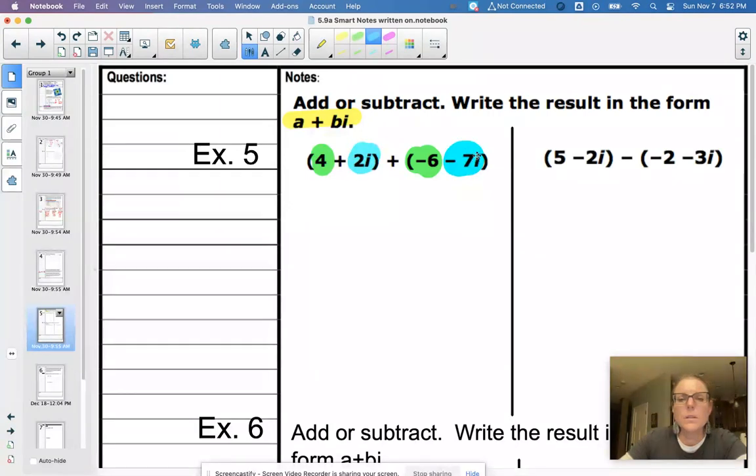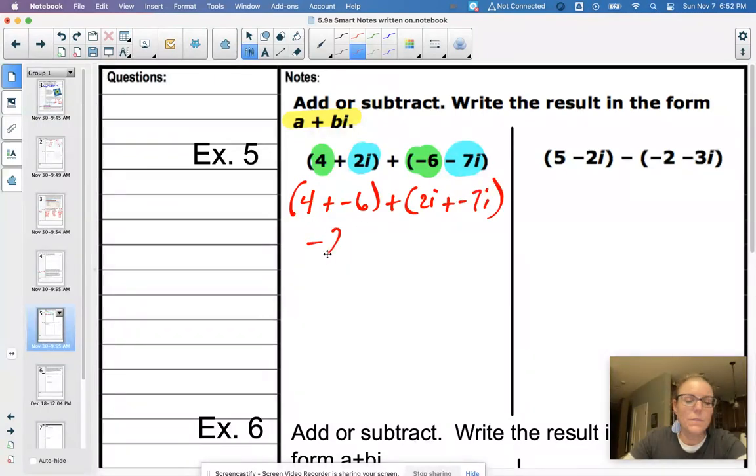Here's the imaginary, well, the 2 and the negative 7, but I'm going to group them together. So 4 plus negative 6 plus 2i plus negative 7i. 4 plus negative 6 is a negative 2. 2i plus a negative 7i is a negative 5i. So we get negative 2 minus 5i.